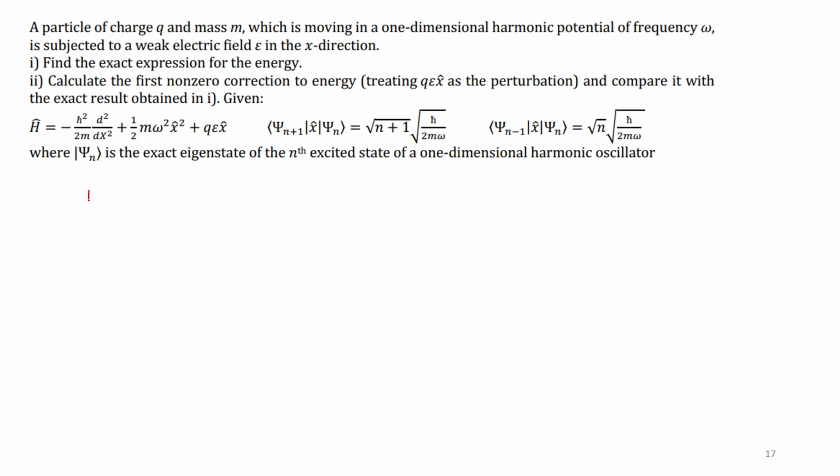So I'll write it here. Your Hamiltonian is given as minus h cut square by 2m d square by dx square plus half m omega square x square plus q epsilon x.